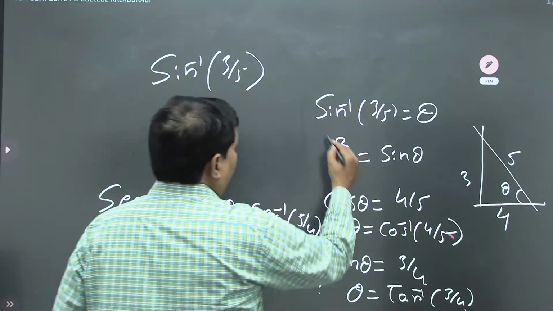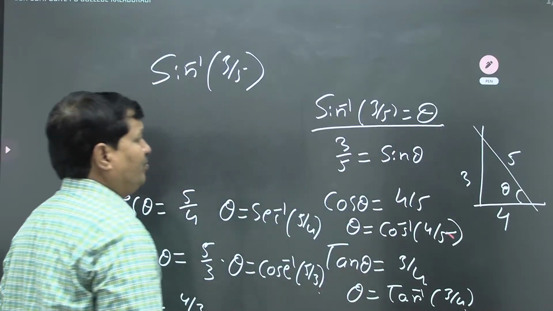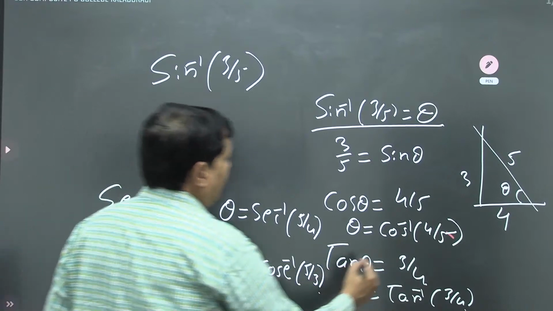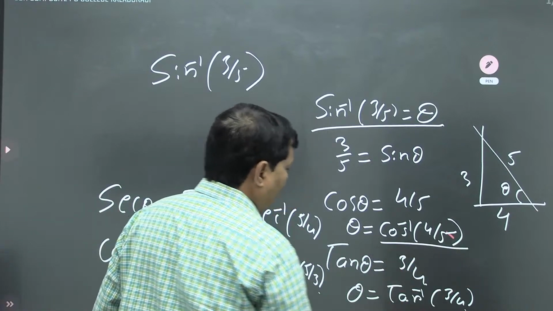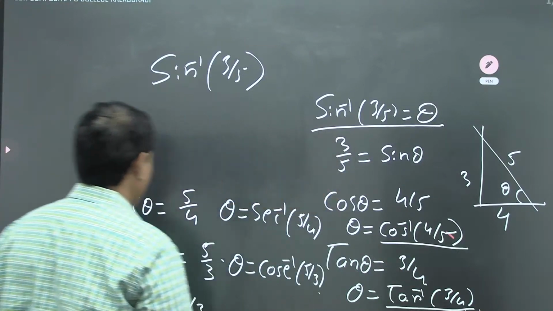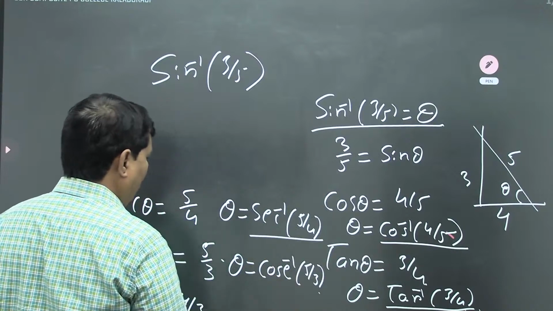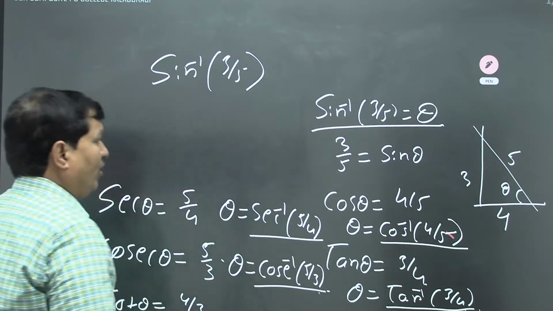See, here you took theta equal to sin inverse of 3 by 5. You got theta equal to cos inverse of 4 by 5, or tan inverse of 3 by 4, or sec inverse of 5 by 4, or cosec inverse of 5 by 3.